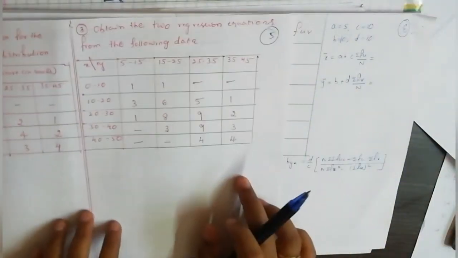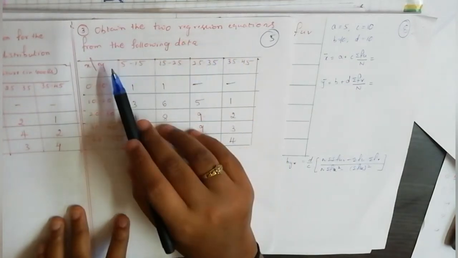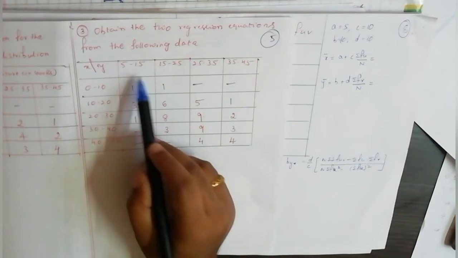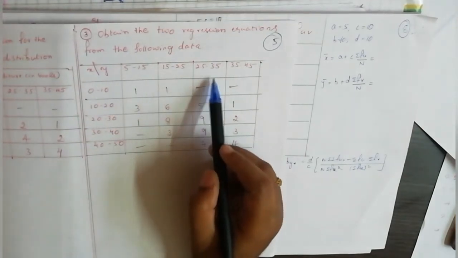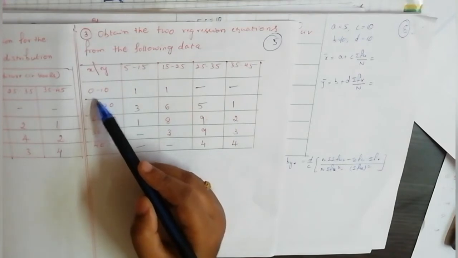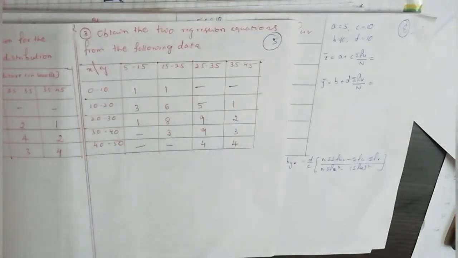So now we have the third question, that is obtain the two regression equations. Again the data was given. The y intervals are 5 to 15, 15 to 25, 25 to 35, 35 to 45, and x intervals are 0 to 10, 10 to 20 till 40 to 50, and these are the values given.